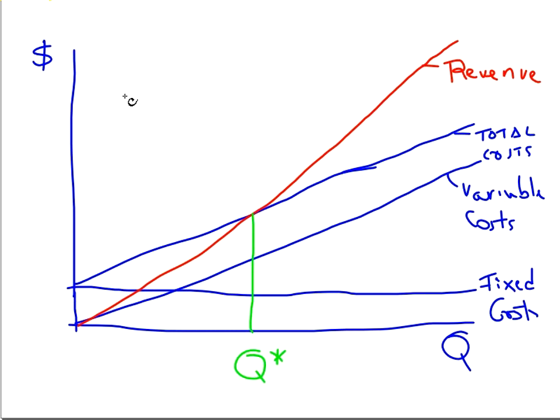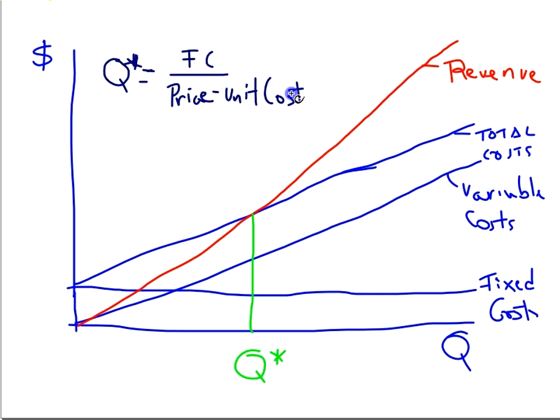The break-even point for this situation, we're going to denote that with Q star, is all the fixed cost divided by the difference of the price minus the cost per unit, or the unit cost. And here we have the fixed cost.